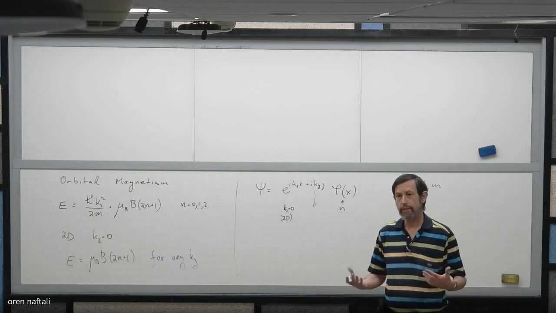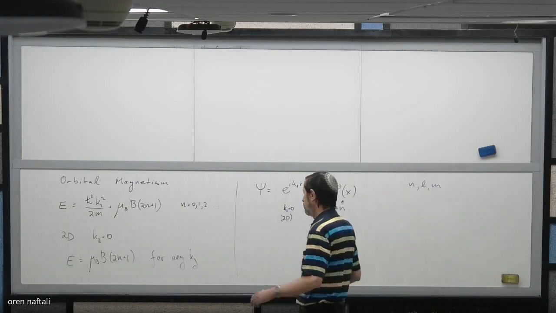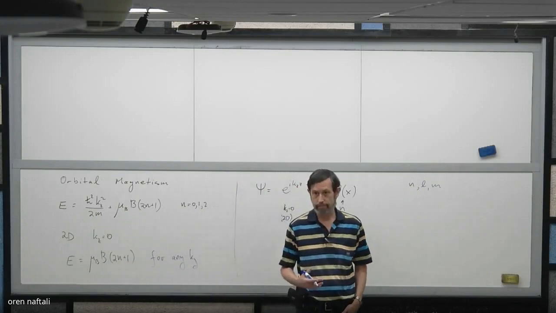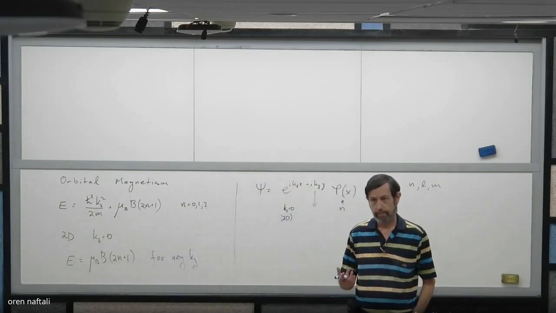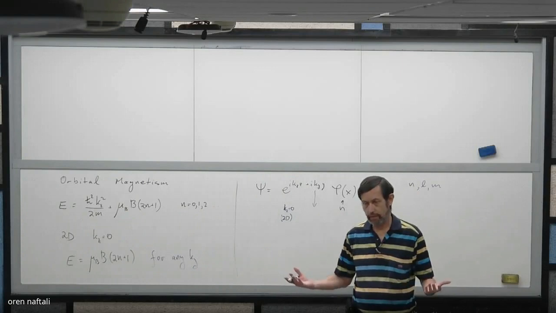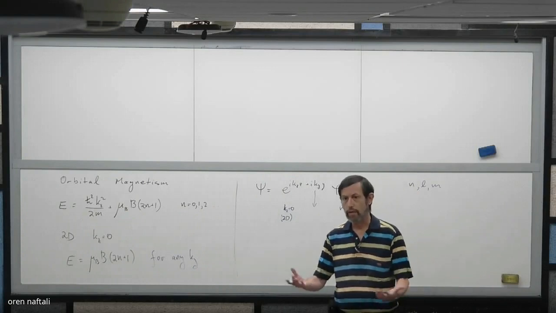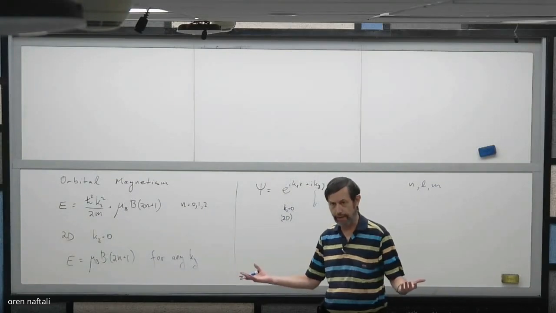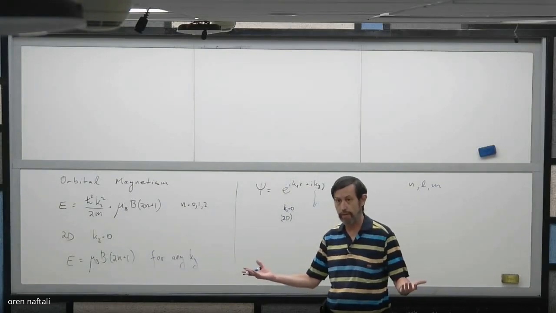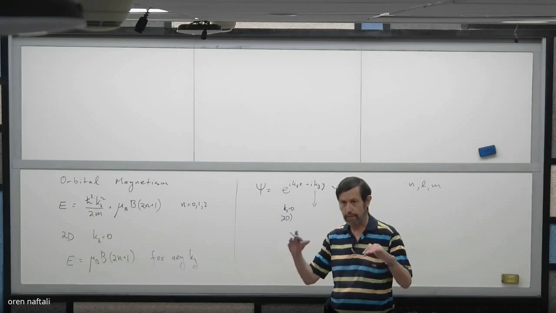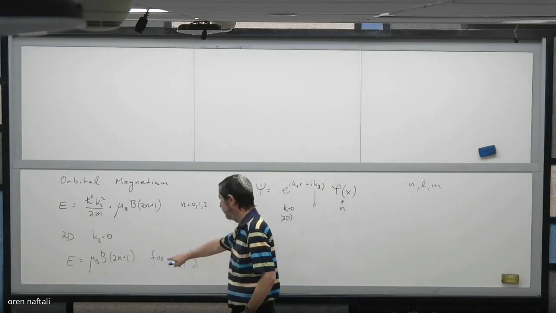Okay, on the face of it, if any ky is possible, then the degeneracy is infinite. And actually it's true. For an infinite two-dimensional plane, the degeneracy would be infinite. We have infinite states for any number n.